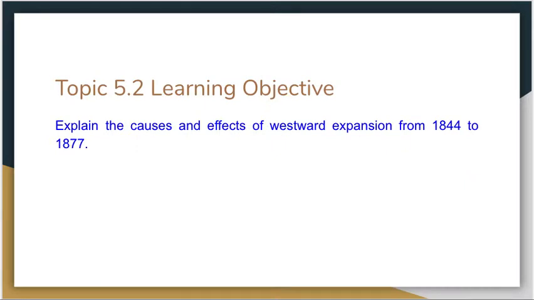Well, the answer to that question can be found in the APUSH Topic 5.2 Learning Objective, with this learning objective suggesting that you're not just going to need to know what manifest destiny is, but that you're also going to need to know what were the causes and effects of westward expansion from 1844 to 1877, with 1844 being the year in which James K. Polk was elected president, and 1877 being the year in which Reconstruction ended.